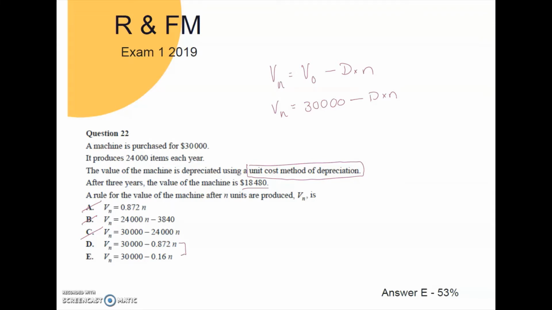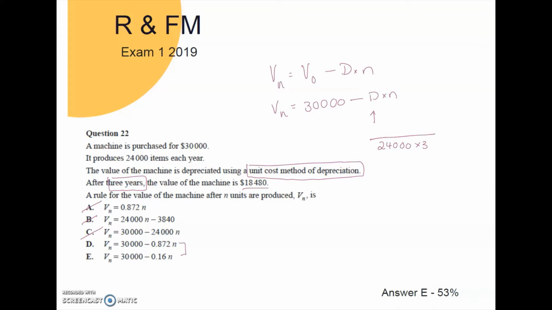So what we're looking for is this value of D. We know that the machine produces 24,000 units each year, and it's done that for 3 years, and we have a value of $18,480.